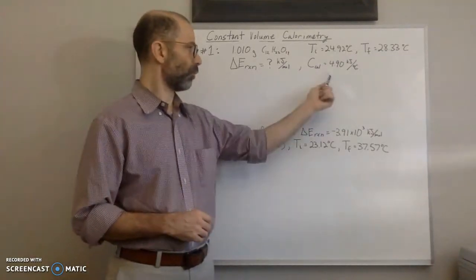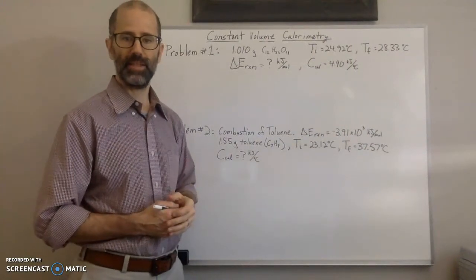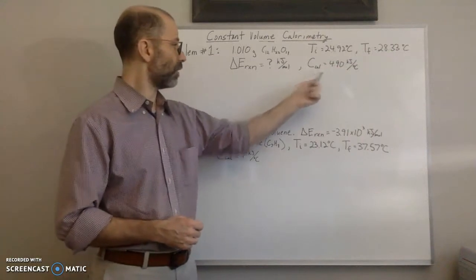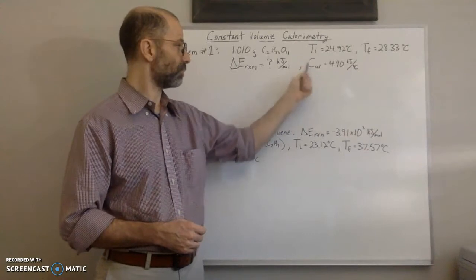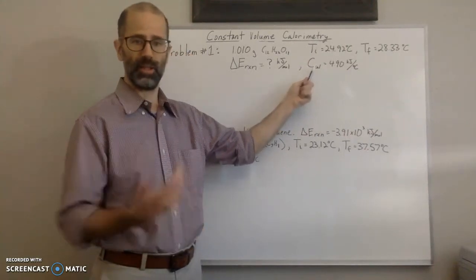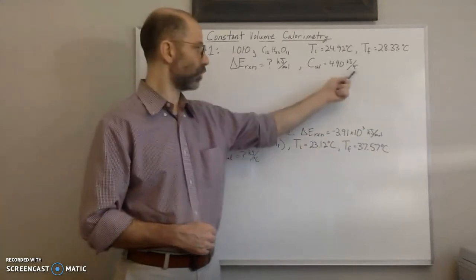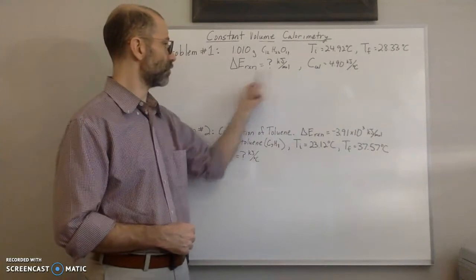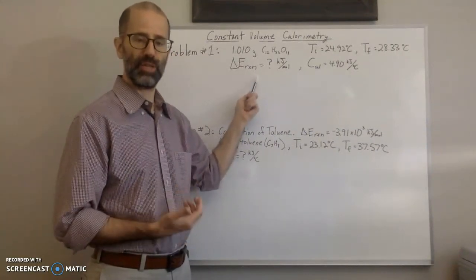One of the things I want to point out is we need an equation to help us find this answer. We'll notice that the units of the calorimeter constant, or the specific heat of the calorimeter, is in kilojoules per degree Celsius. We're trying to get the change in energy of the reaction, so we need an energy unit left over.